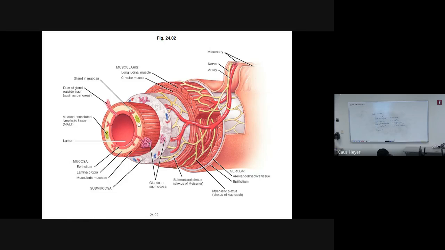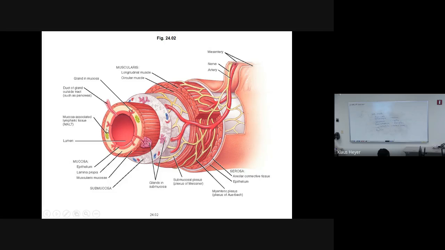And then you have a small layer of muscle here, called the muscularis mucosa. And what that'll do is sometimes the lumen is flat. Like if you look at your esophagus, this is kind of like the esophagus. The lumen's flat. But when you get down to your stomach, this actually forms pits.